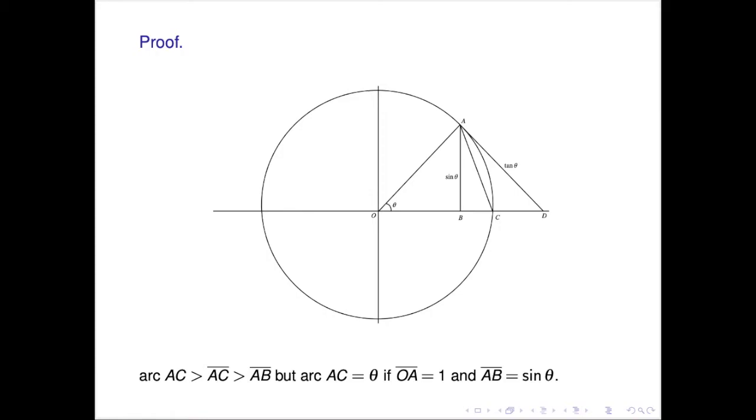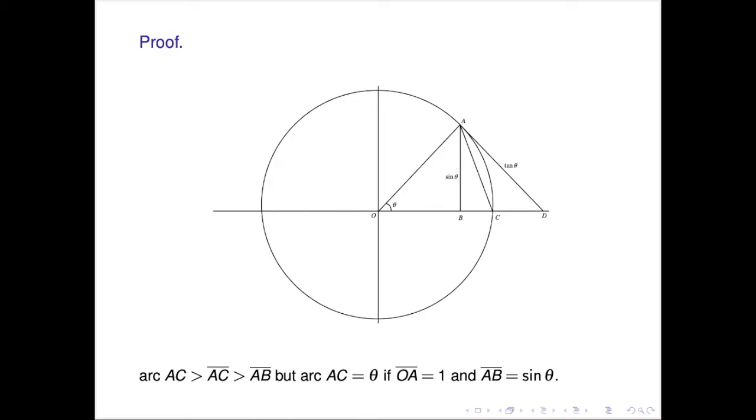We know that the length of the arc AC is greater than the length of the line segment AC, which in turn is greater than the length of the line segment AB, since AC forms the hypotenuse of the right angle triangle ABC. But the length of the arc AC equals theta if the radius of the circle equals 1, and in that case the length of the line segment AB equals sine theta.